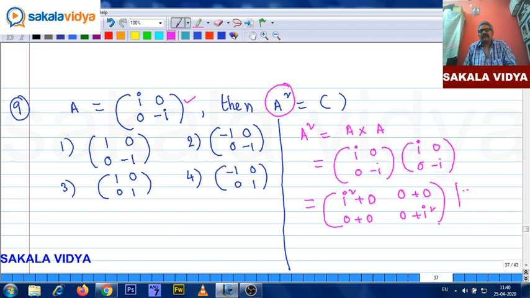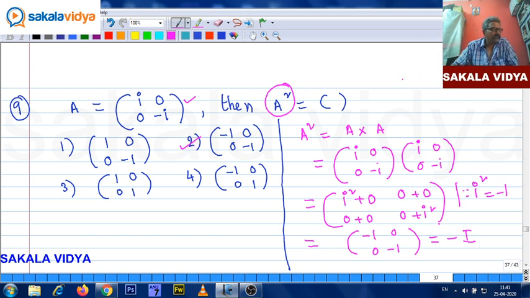But I square from complex numbers is minus 1. This will be minus 1, 0, 0, minus 1. Take minus 1 common, you get minus I. So second option. Please remember, this will be useful for further problems. A square is equal to minus I, that is A square plus I equals null matrix. So remember this one.